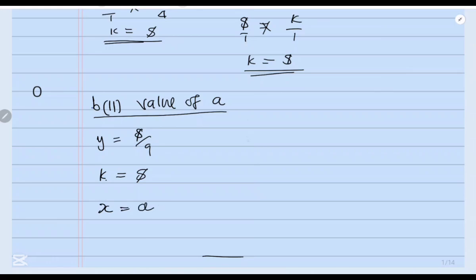From here we can use the general equation that we have formed: y is equal to k over root of x. For y we have 8 over 9, equal to k, which is 8, over our x, which is a, so root of a.